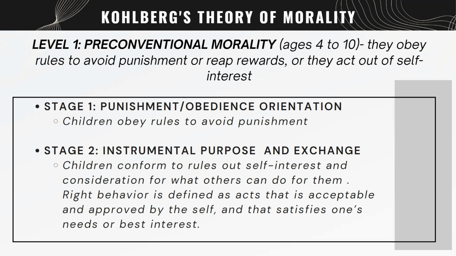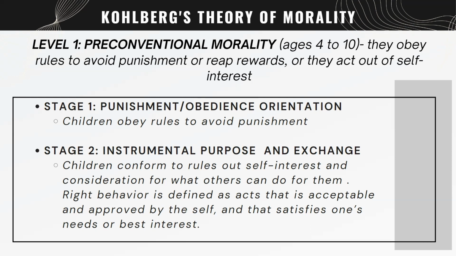So now, what would those in stage 2 say about the dilemma? Okay? Ano yung sasabihin nila dun sa Heinz dilemma natin? Sasabihin nila na, he should steal the drugs because ginawa niya yun para sa kanyang asawa. And then, afterwards, pag gumaling na yung asawa niya, pwedeng mag-repay yung asawa niya sa kanya.